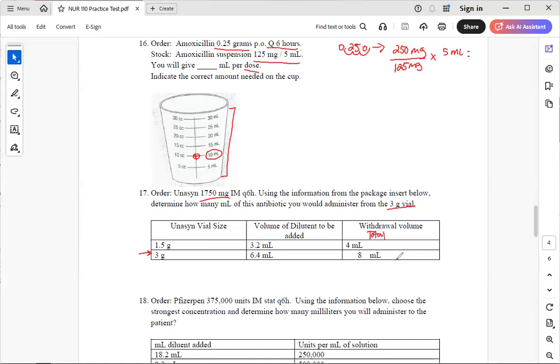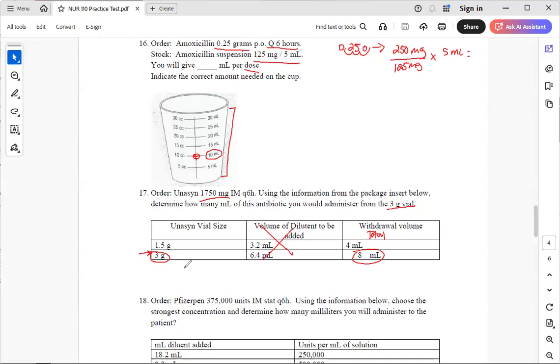Why am I telling you that? Because the volume diluent added is just telling you how much water you're adding to the powder, and that's important. But when we're actually trying to figure out what the concentration is, you want to know the total and you want to know the vial size.